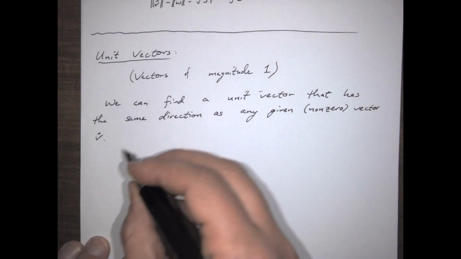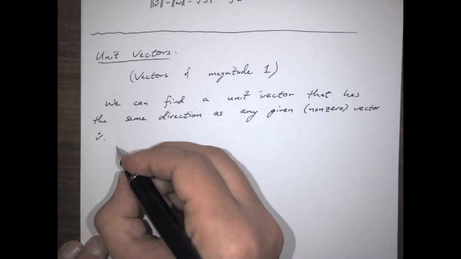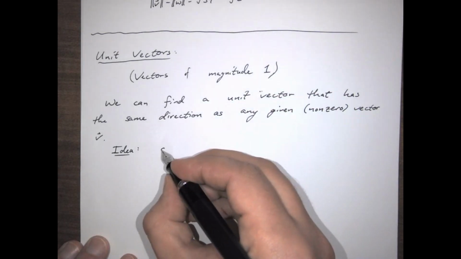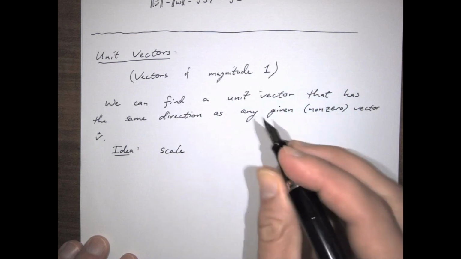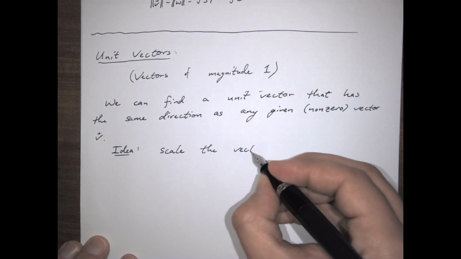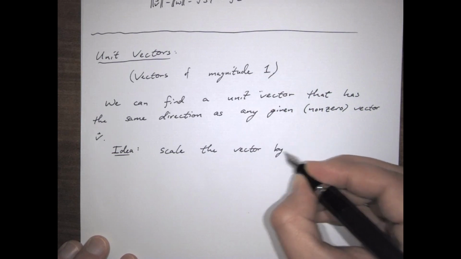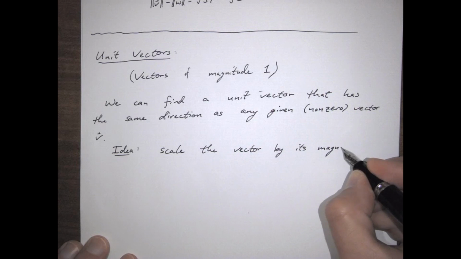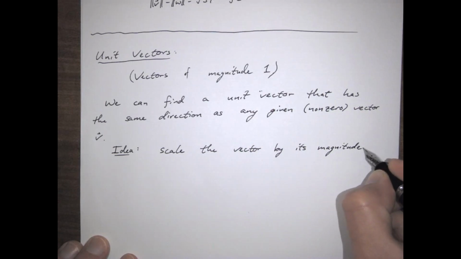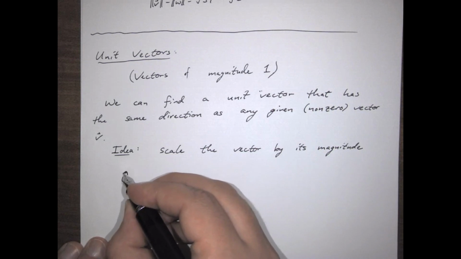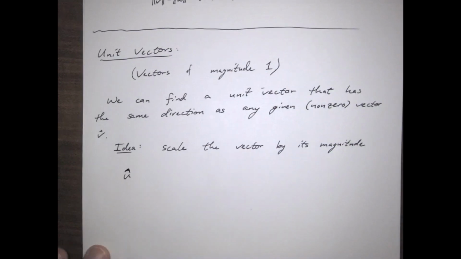Okay, so the idea is to scale the vector by its magnitude. So in particular, u, which you can write with a hat or an arrow.